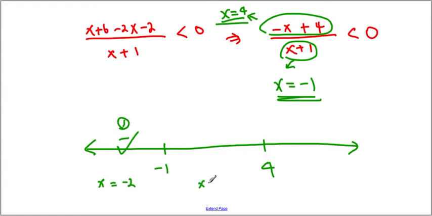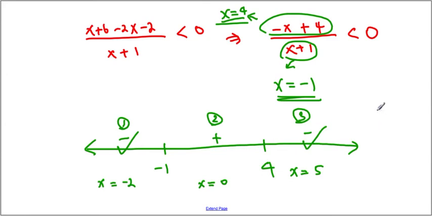How about the second section? We can set x equals 0. Then our numerator becomes positive, denominator is positive, so it will be positive, and that's not what we want because we are looking for something less than 0. How about the third interval? If you let x equal anything greater than 4, say 5, then the numerator becomes negative, while the denominator is still positive, so the entire thing becomes negative.